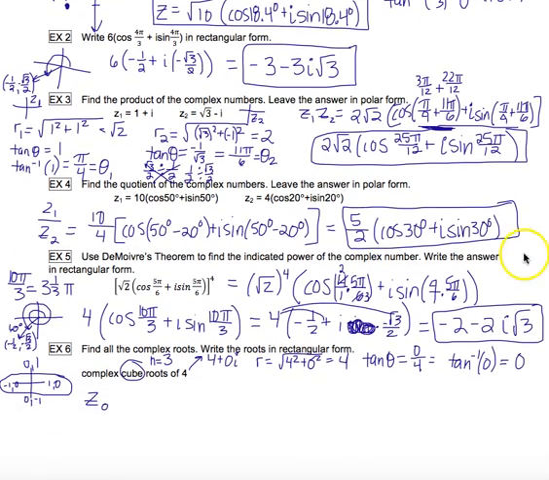So writing this out here. We have the cube root of r, which r we said is 4. Then I have cosine of theta, which is 0, plus 2 times pi times k, which is 0. That's this guy. This should all be divided by my n, which is 3. And then the i sine part, I'm just going to repeat this.